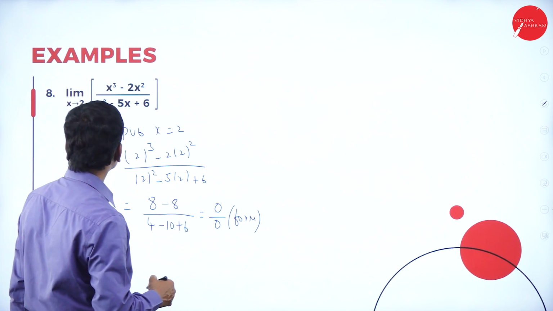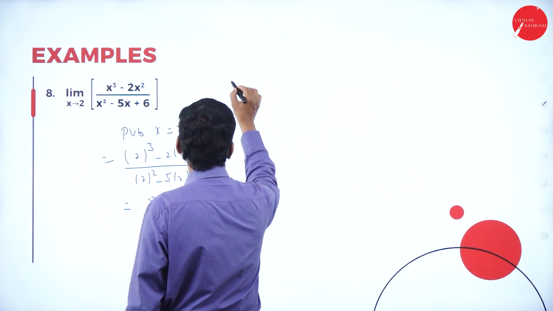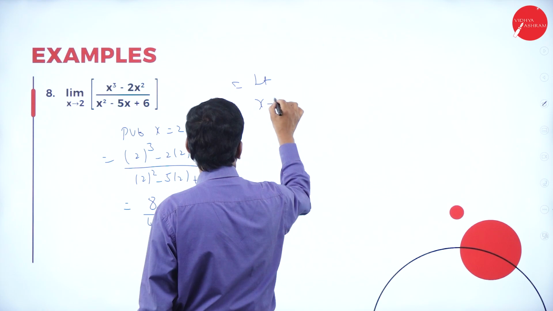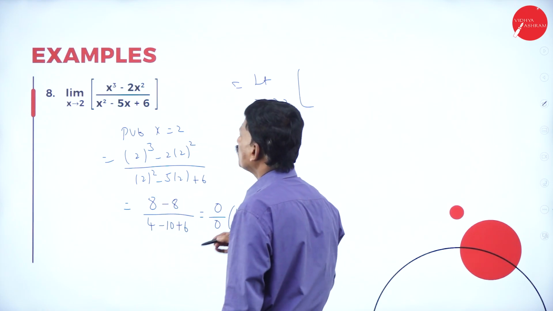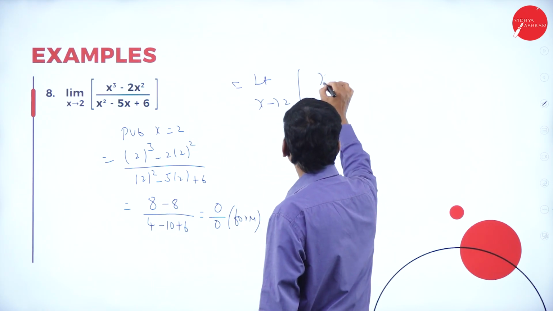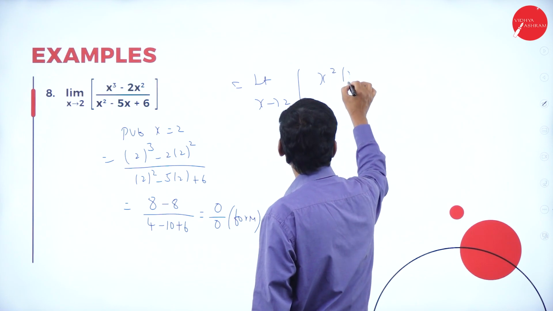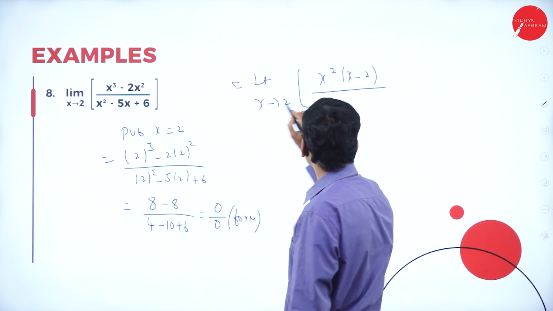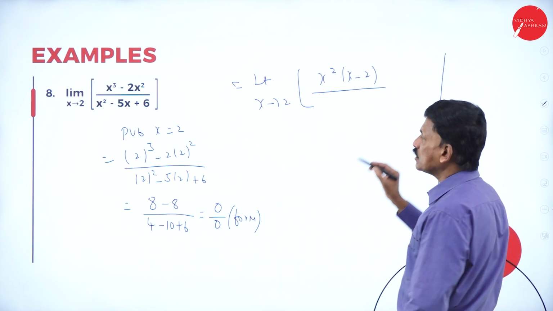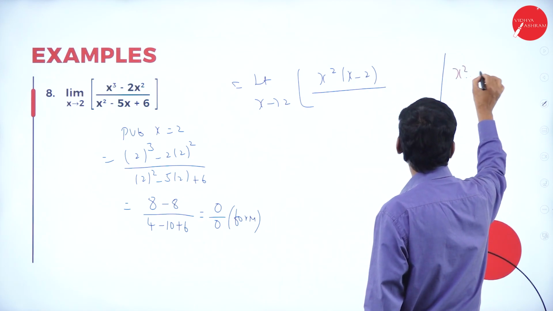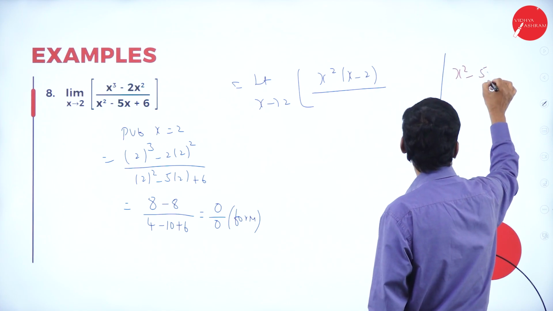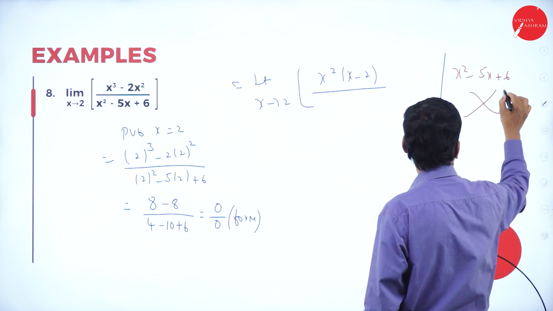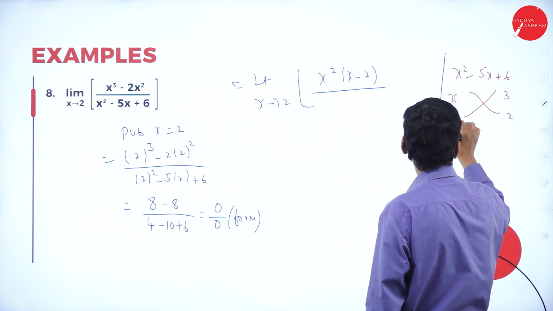Now, factorize this. So, here we can write this given expression as limit x tends to 2 of, in the numerator, you can take x square as common factor. What we will have? x square into (x minus 2): x square into x is x cube, minus 2x square. Now factorize the denominator, that is x square minus 5x plus 6, a quadratic equation as usual. 3 into 2, x into x.